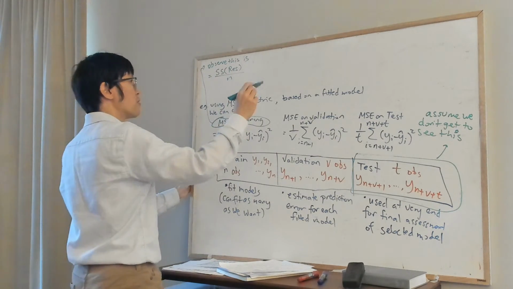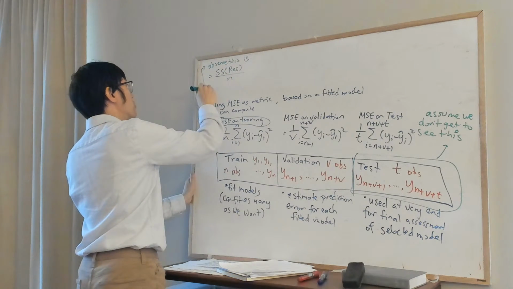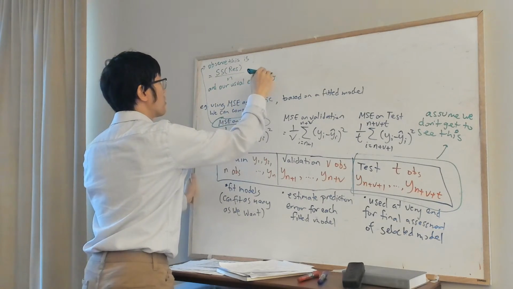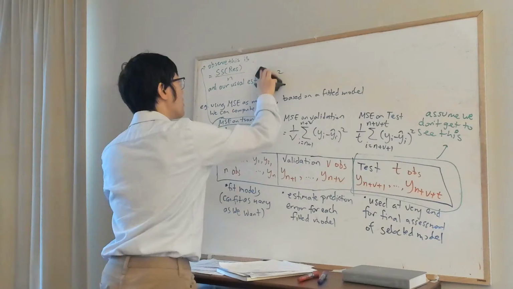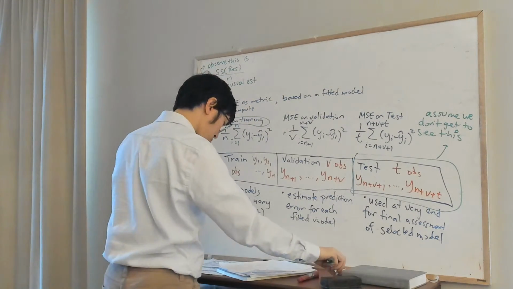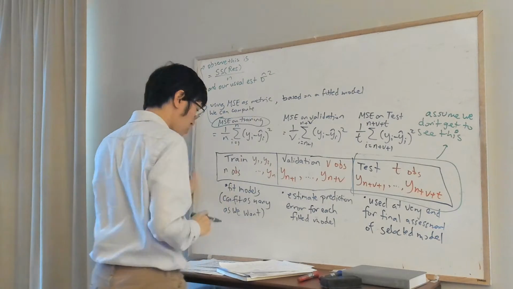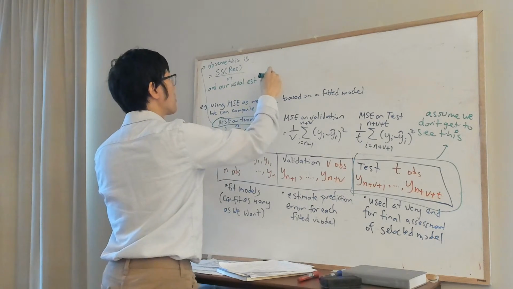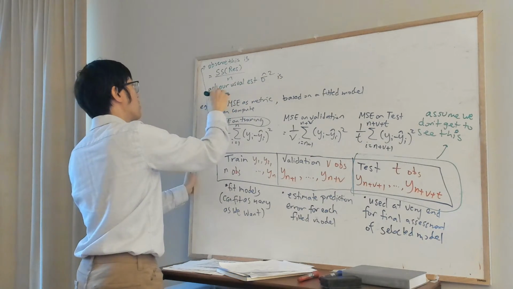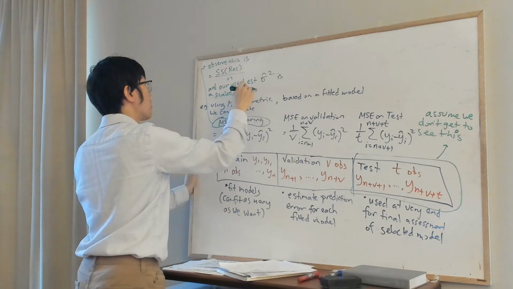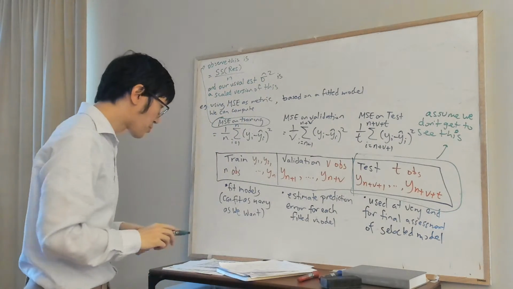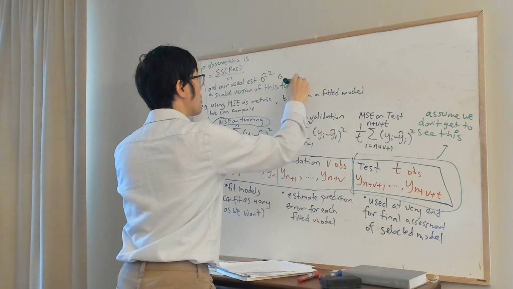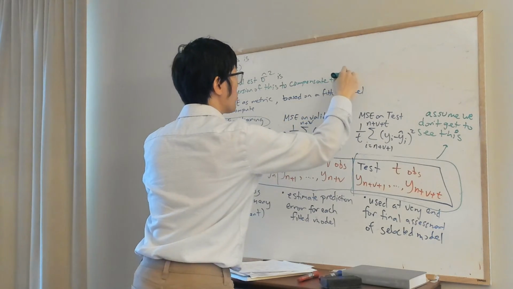Our usual estimate of sigma squared, sigma squared hat, is a scaled version of this quantity, to compensate for the number of predictors.